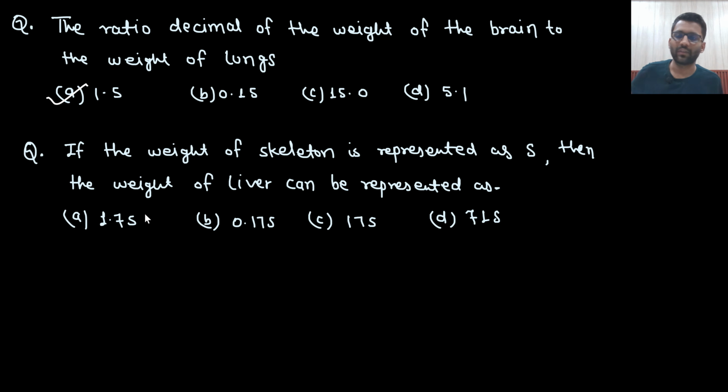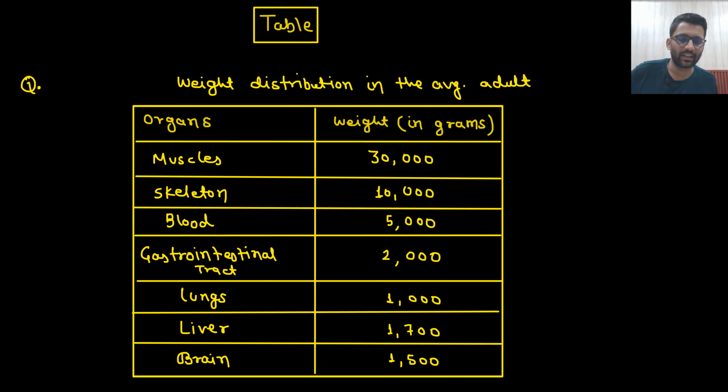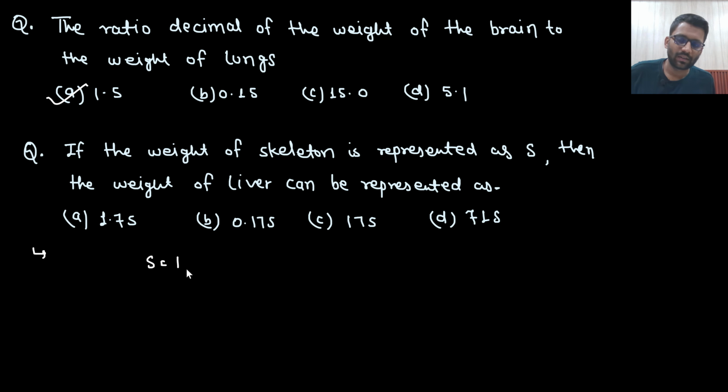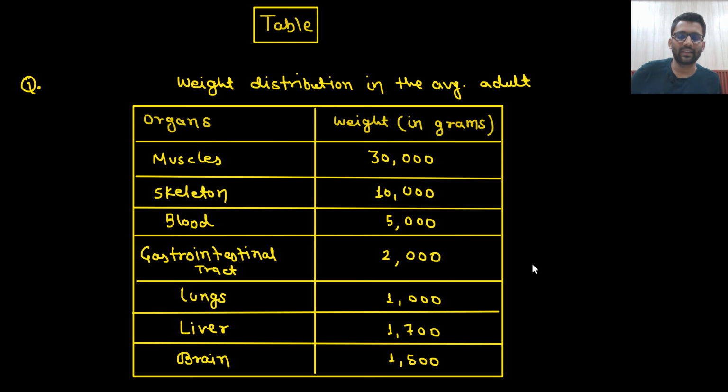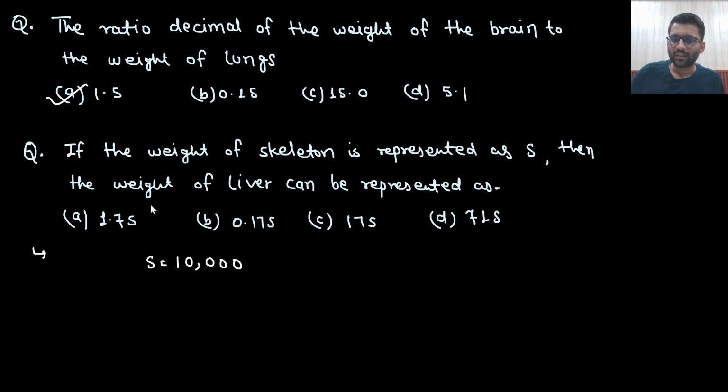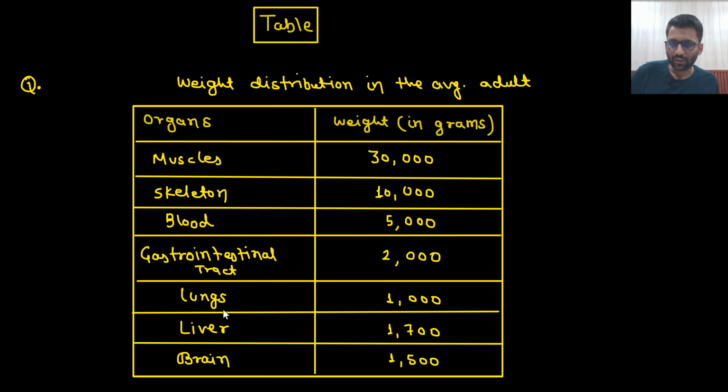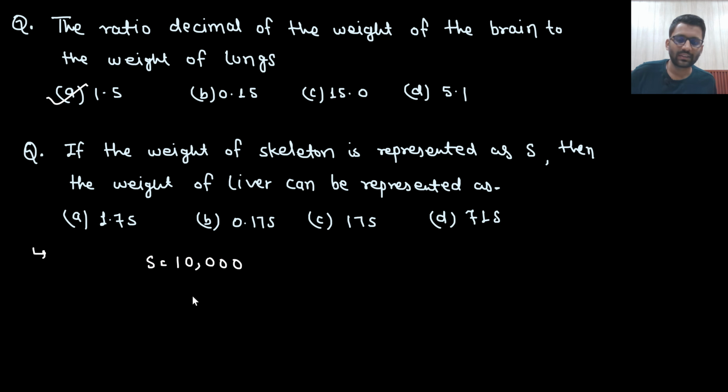Brain to lungs, yes, 1.5. If the weight of the skeleton is represented as S, the weight of the skeleton is 10,000, then the weight of the liver can be represented as, okay. What is the weight of the liver? The weight of the liver is 1700.